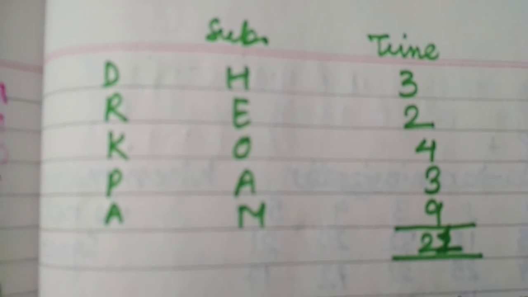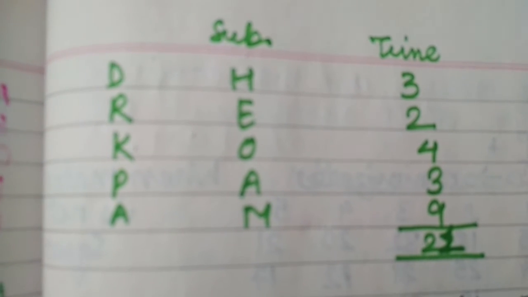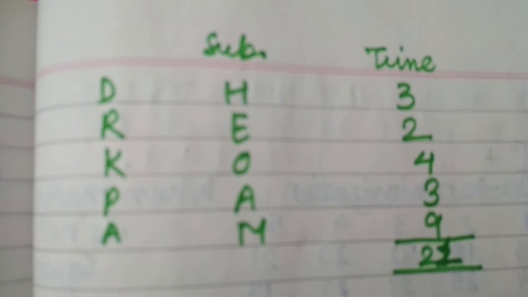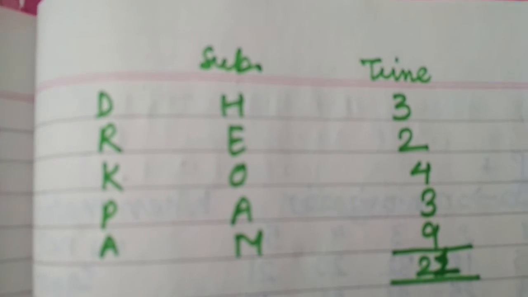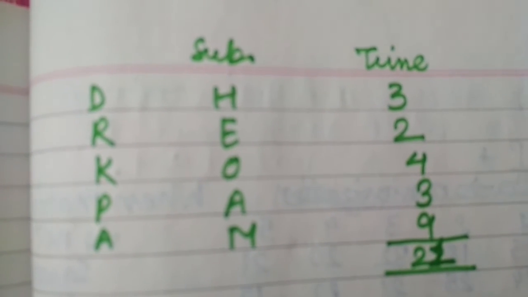And for the time value, as I have already told you, go to the original table, add all these values, and you will get 21 as your answer. This will be the minimum answer, which is the optimized solution of this problem.